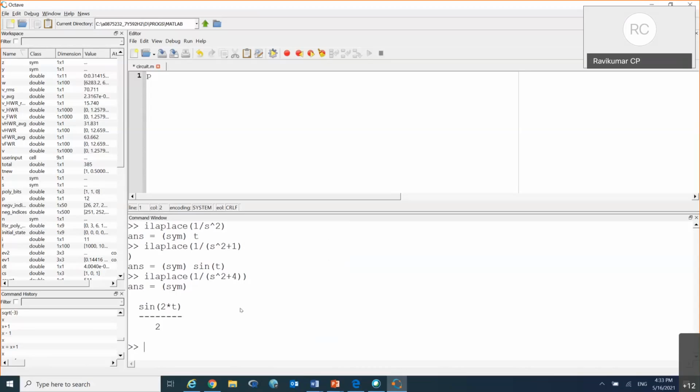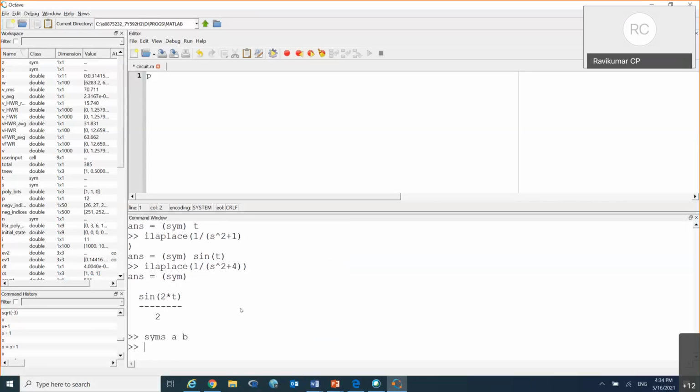There are many functions. So just like Laplace, I think there is a substitute, right? So suppose I have y equal to e to the power, let us say I declared a and b as symbols.